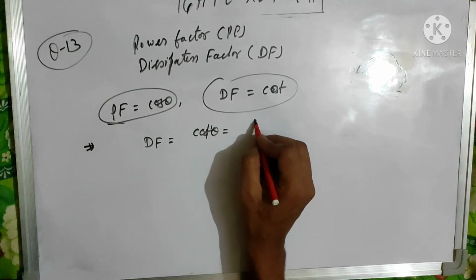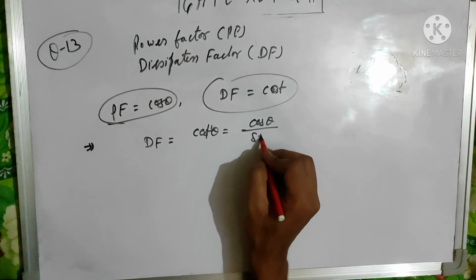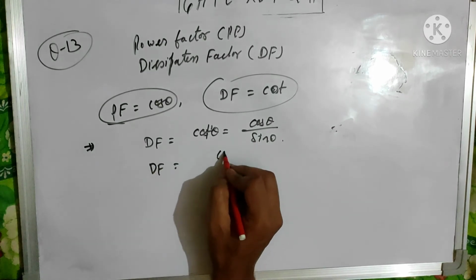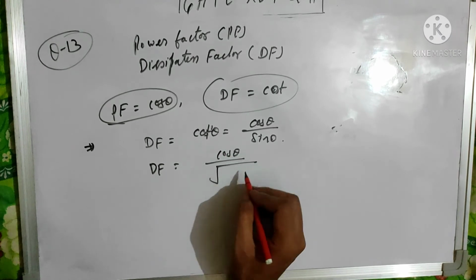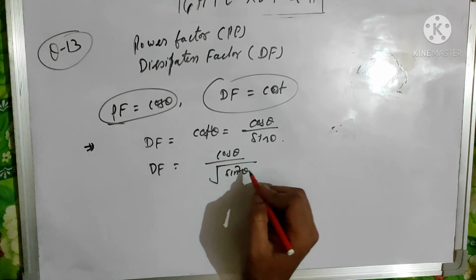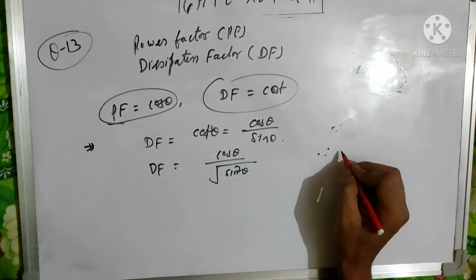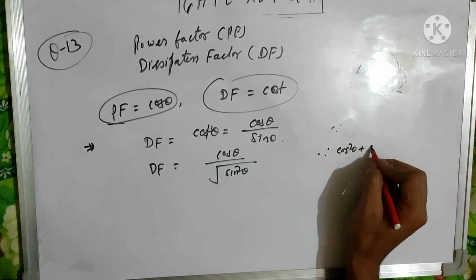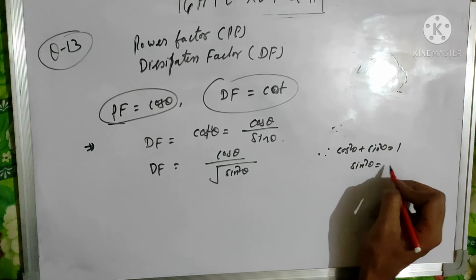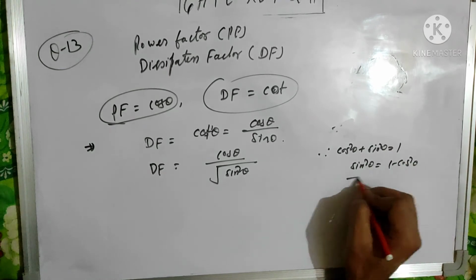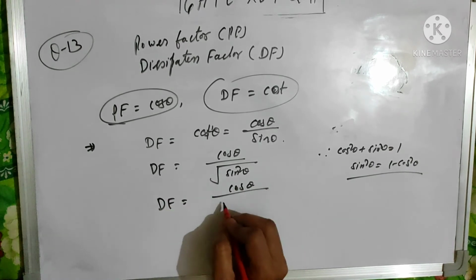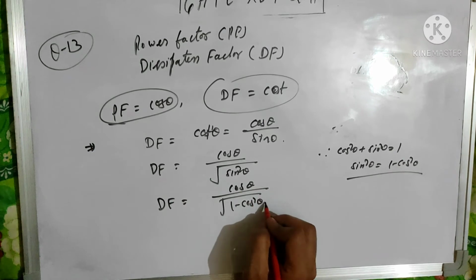I know that cot theta is equal to cos theta divided by sin theta. Then dissipation factor is equal to cos theta divided by square root of sin square theta. Taking the square root of sin square theta, you get sin theta. So you can note that cos square theta plus sin square theta is equal to 1. In that case, sin square theta is equal to 1 minus cos square theta. So dissipation factor is equal to cos theta divided by root of 1 minus cos square theta.